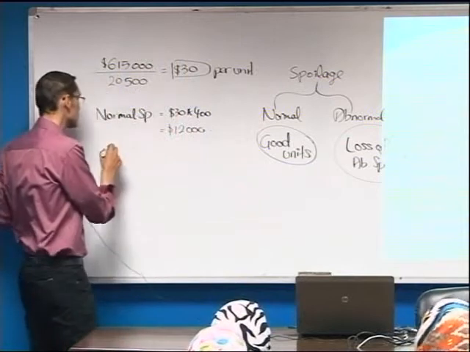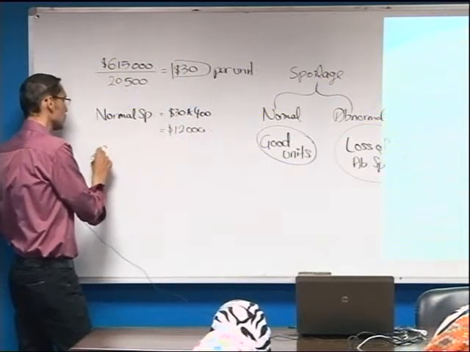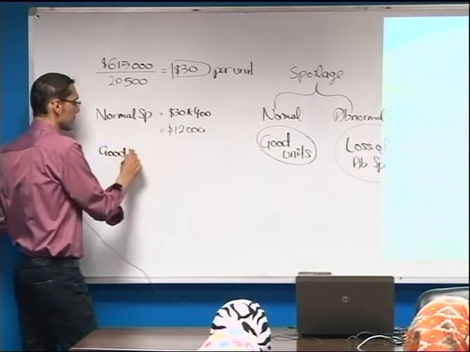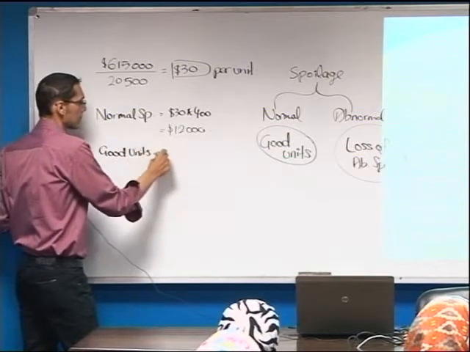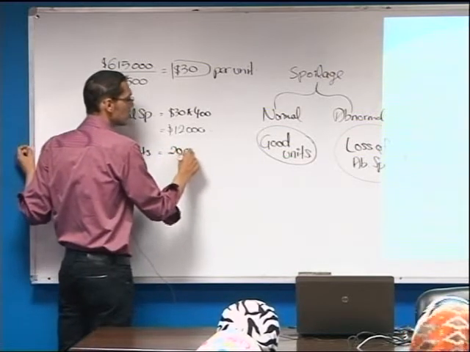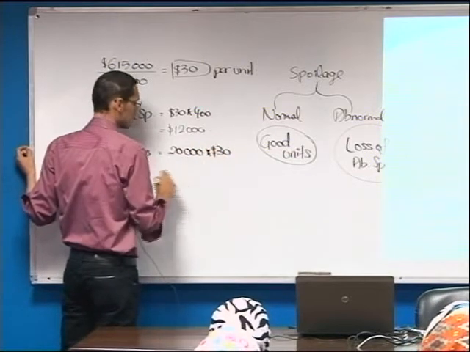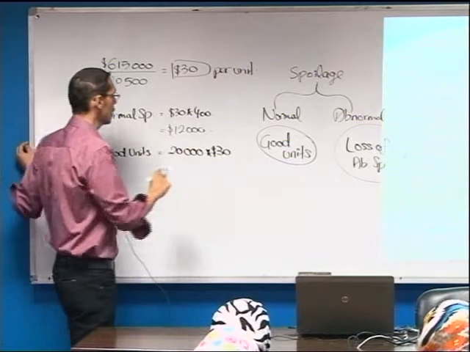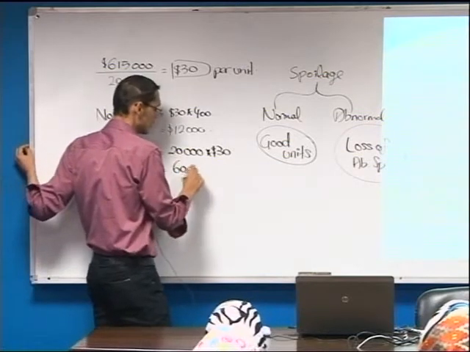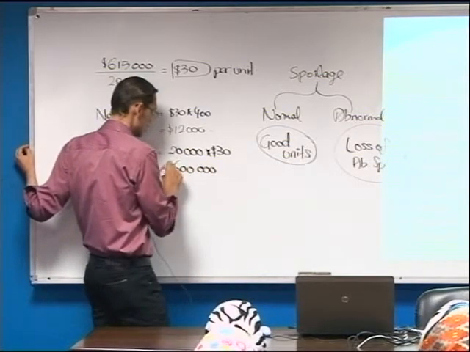Therefore, the good units would be 20,000 units multiplied by $30, which would be $600,000.